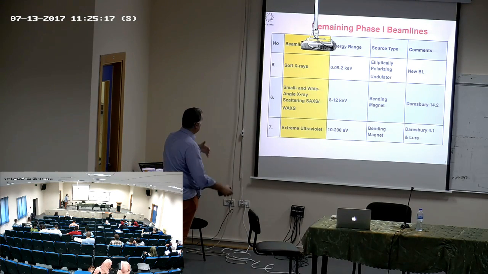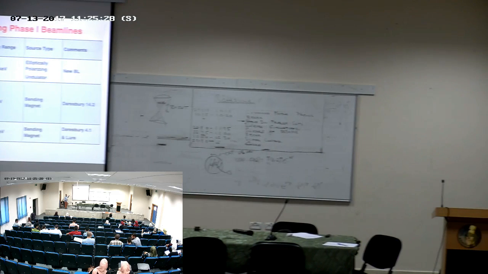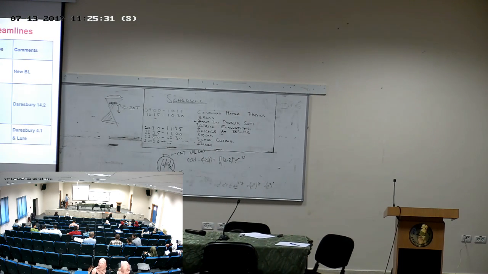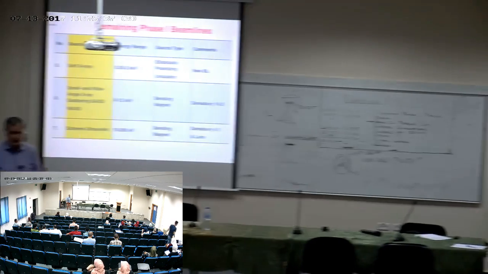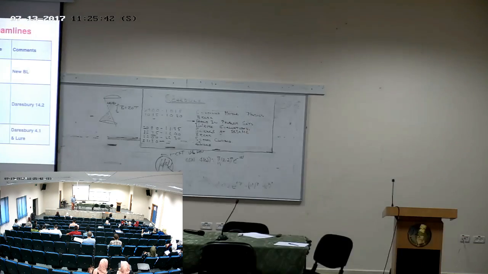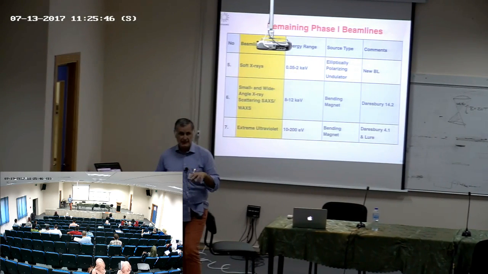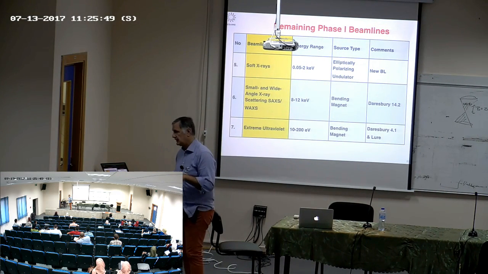Some discussion is going on about the remaining phase 1 beamlines. We're discussing what kind of beamlines we will have, also depending on the possible future funding opportunities. There are discussions about Germany being interested in investing money for a beamline at Sesame.